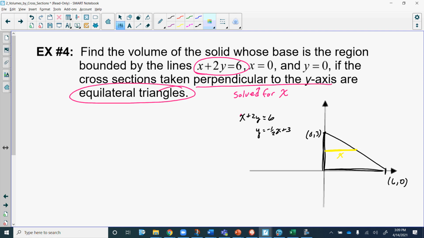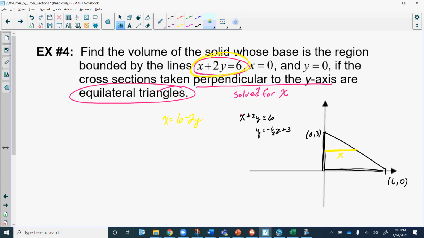So let's take the line that they gave us, this line right here, and let's solve it in terms of x. So that would just be x is equal to 6 minus 2y.